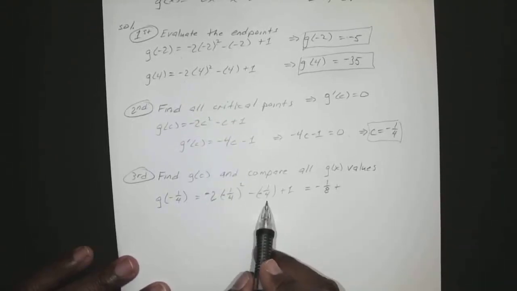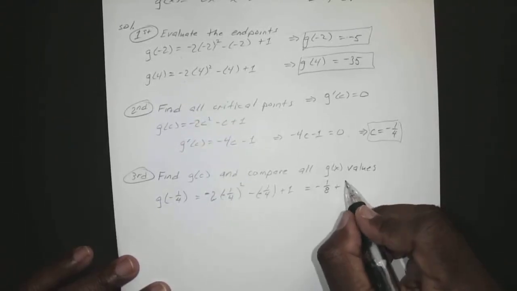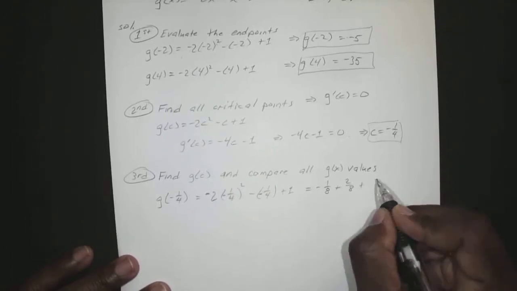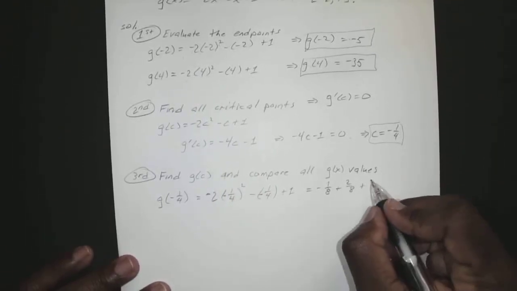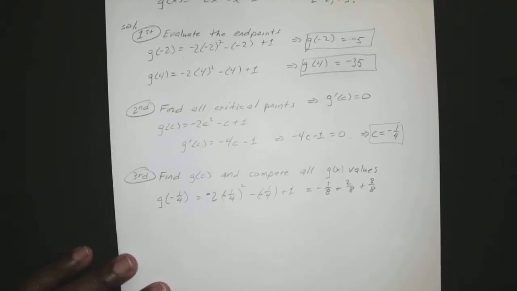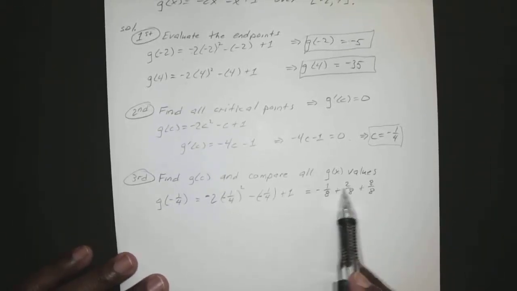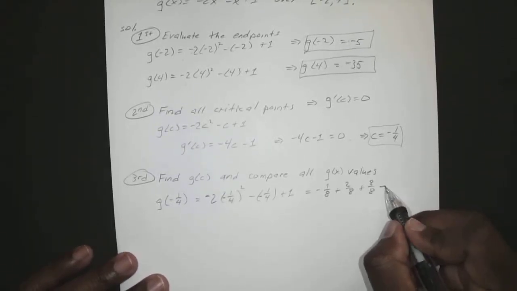Plus 1/4, which we can make 2/8, plus 1, we can make that 8/8, which would make that 9/8.